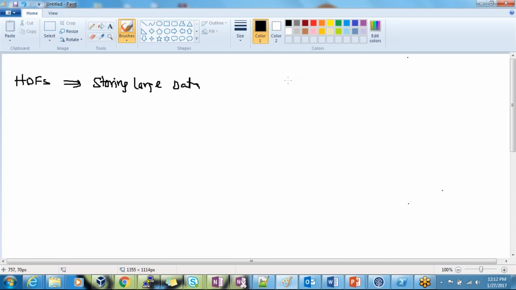There is another component called MapReduce, which is meant for processing the data stored in HDFS in a parallel fashion. We will talk about MapReduce later. For the time being, let's concentrate on HDFS.